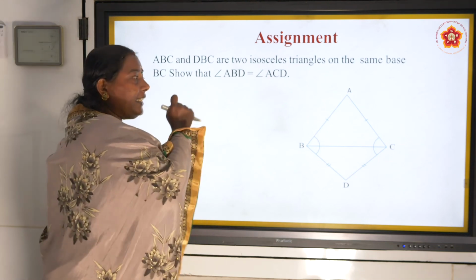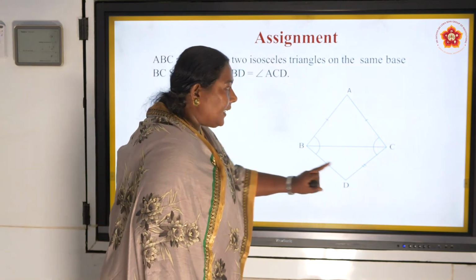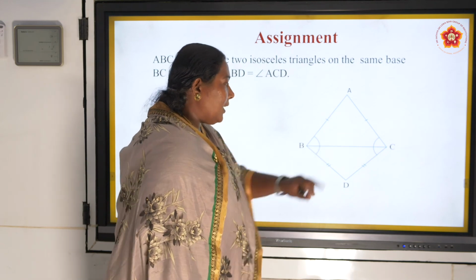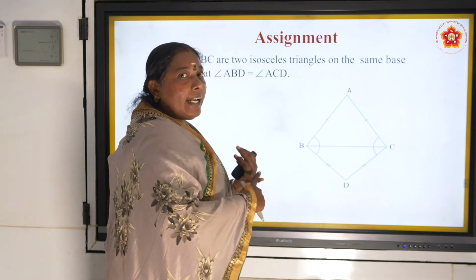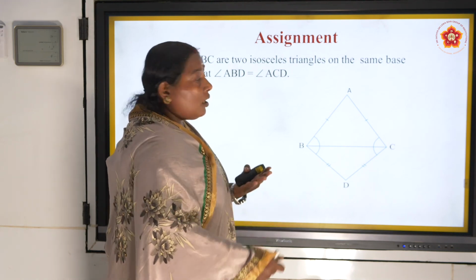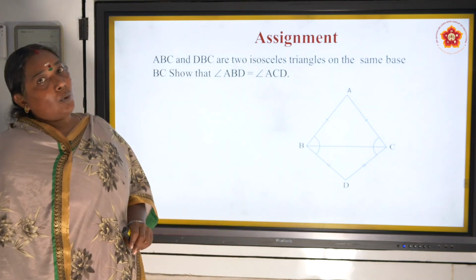That is the hint I have given. You have to drop a line, that means you have to join AD. That's all. AD is common, AB is equal to AC, BD is equal to DC. By side congruency you can prove that the triangles are congruent, so the angles are also congruent. With the help of CPCT you can do it easily.